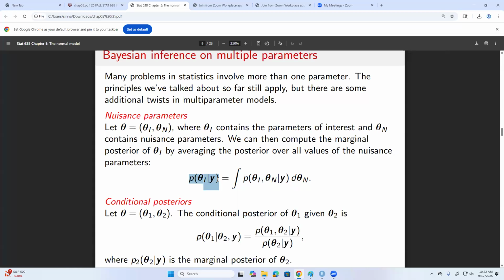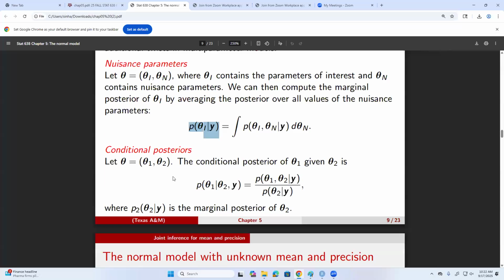There are ways to handle this type of integration. We'll talk about it, and it depends on the specific model, case by case.